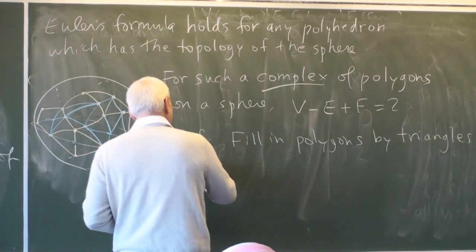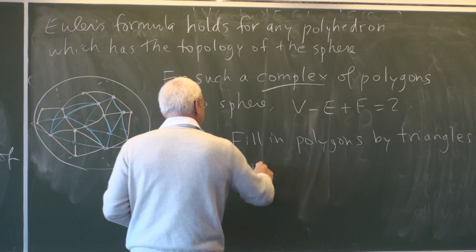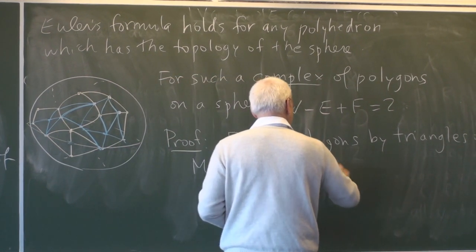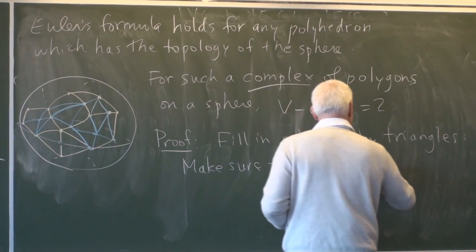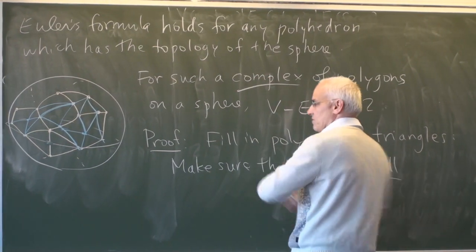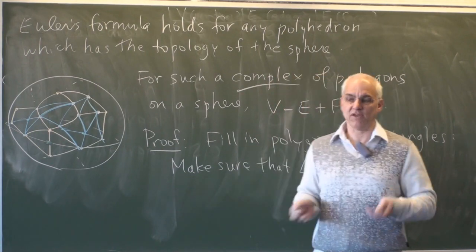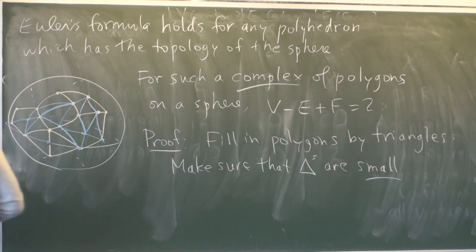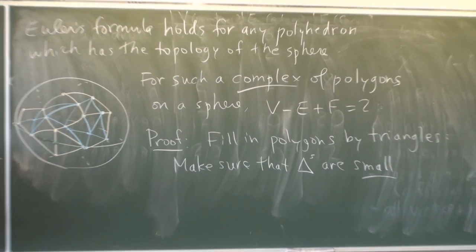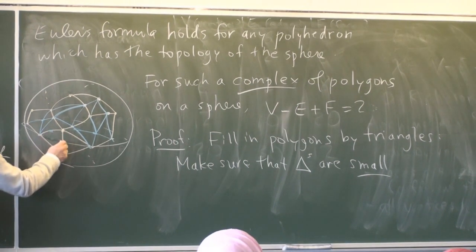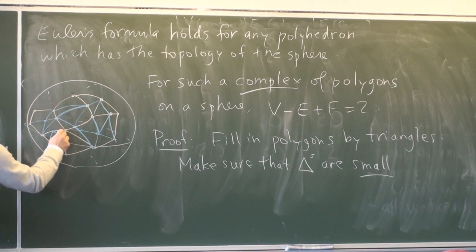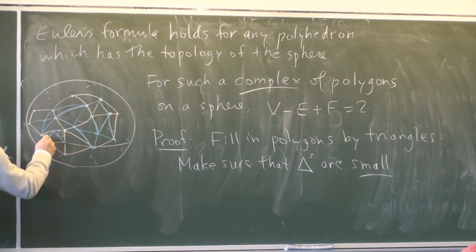And we make sure that the triangles are small, well, small in relation to the sphere. I don't want any really big triangles. So if we have a really big triangle, let's say we think this one is really big, well, we can just subdivide that one into smaller triangles, and those ones into smaller triangles if necessary.